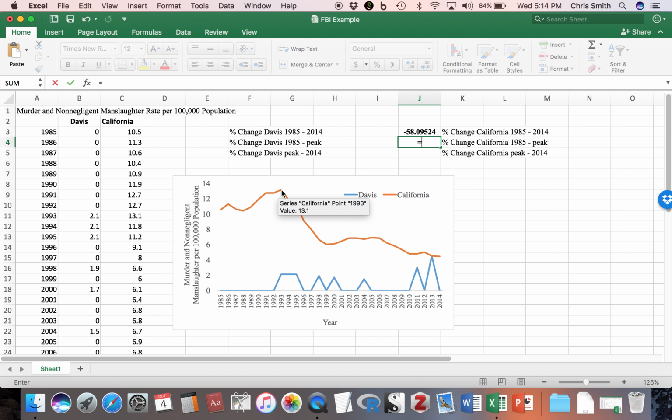Let me check my peak. It's 1993 when there was a murder rate of 13 per 100,000 population. Increase of 25% from 1985 to the peak.